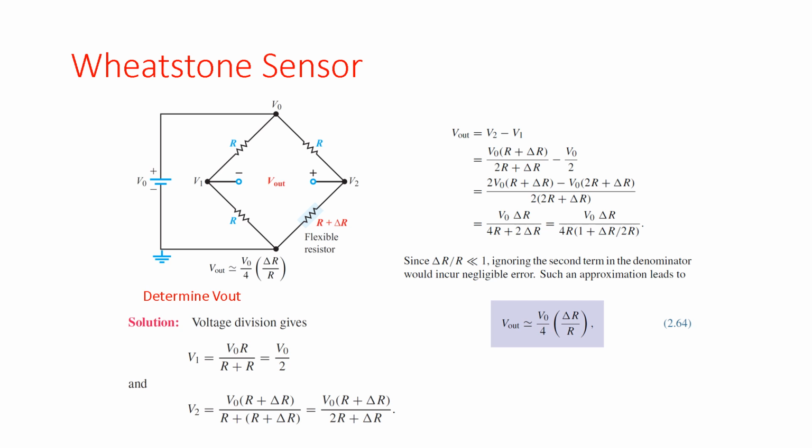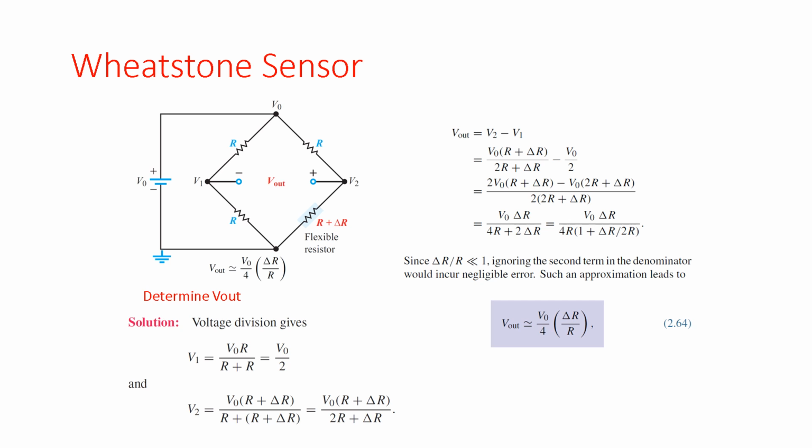Now we're going to look at this and say, what if the bottom right one is not equal? What if that's just a tiny bit up or a tiny bit down? What's going to happen there is you are going to get a difference of voltage between V1 and V2. Because remember, the current wants to travel in the path of least resistance. So if there is a greater resistance with the two resistors on the right side, the sum of them, more current is going to flow through the left side.